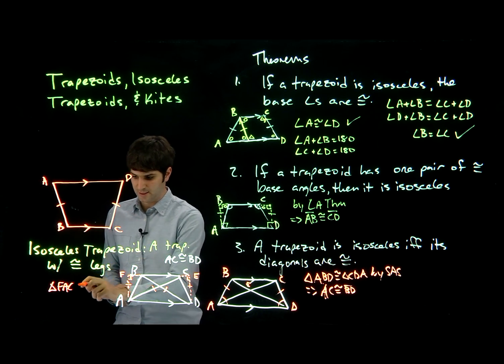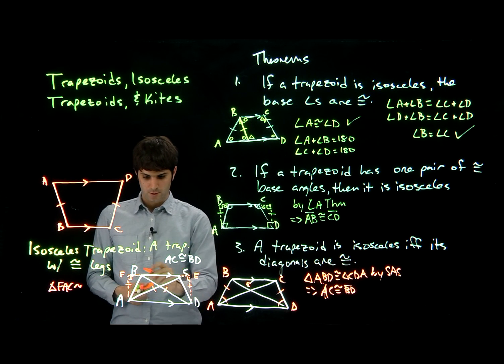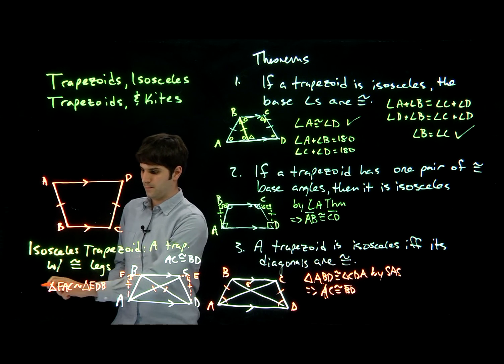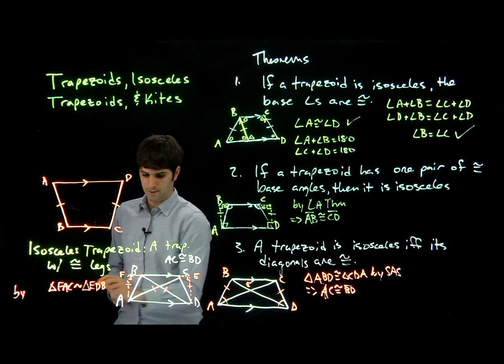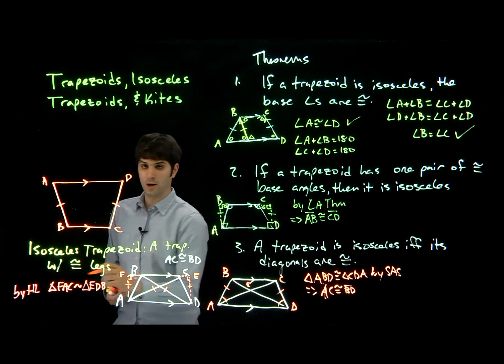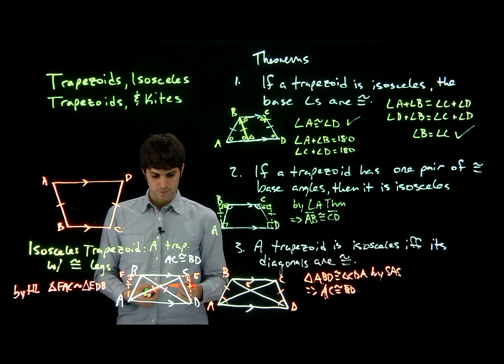So FAC is congruent to triangle EDB by HL, right triangle congruence.